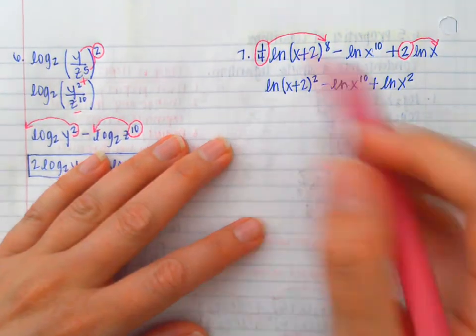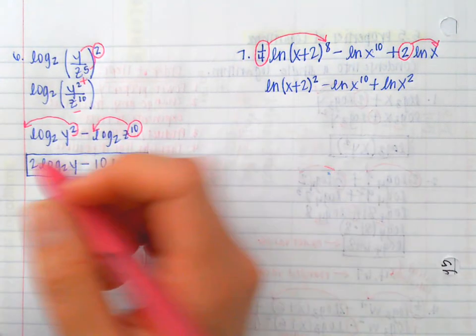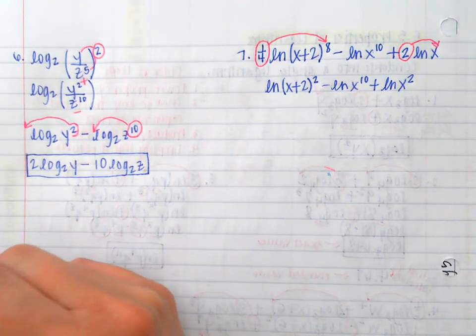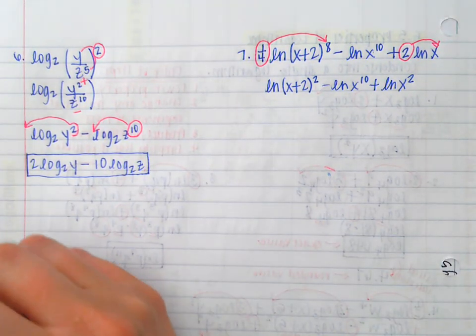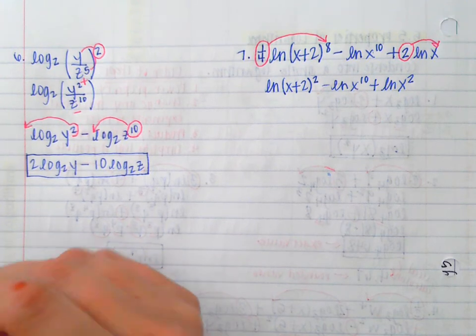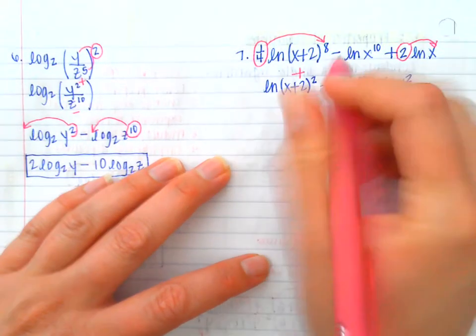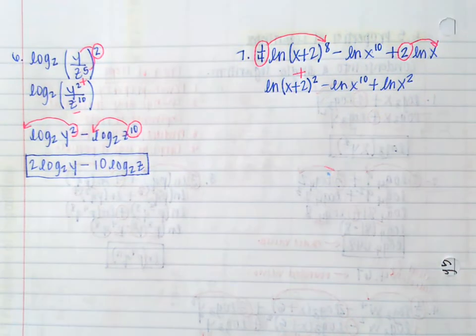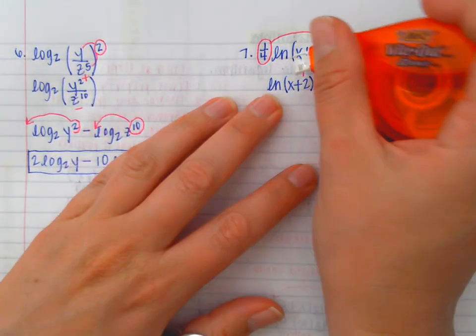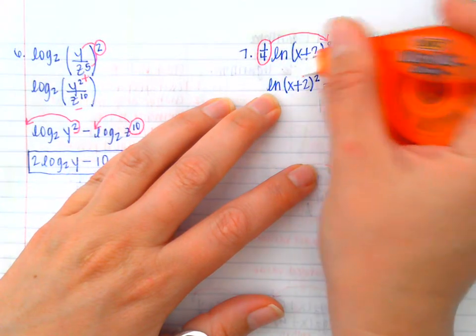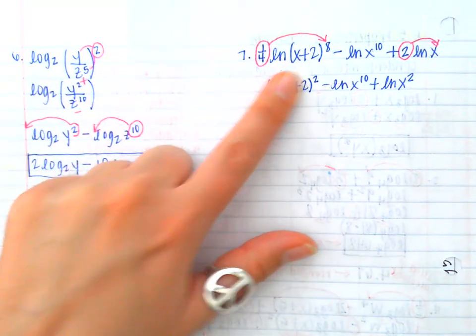Then we would change any fractional exponents to roots, but we don't have any. So then we're going to use our product and quotient rules. If this is a plus, this is going to go on top.